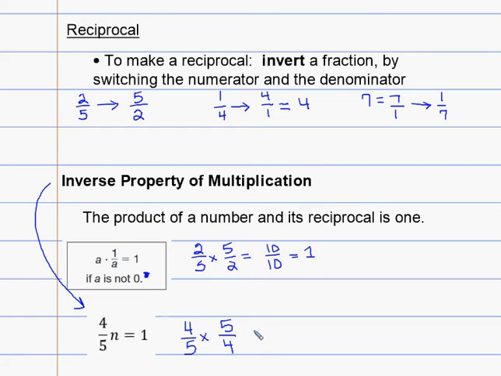If we multiply that, we would get 20 over 20, which equals 1. So the missing number, n, equals the number that we substituted there, problem solved. n equals 5/4.